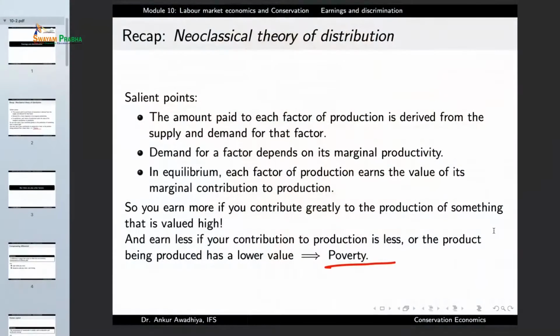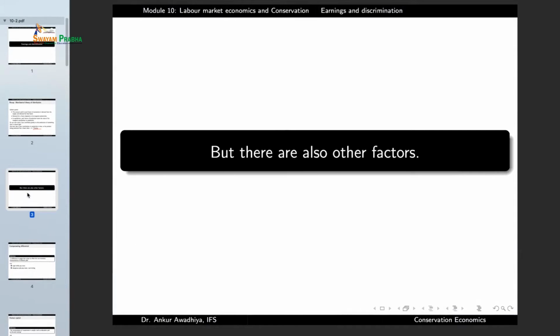And in that case, the forest will be indiscriminately cut, converted into agricultural fields. But still, because the forests are generally in those areas that do not have a very good fertility, the marginal productivity will still remain less. The people will still remain poor, but in this case, the forest will also be gone. Which is why it is important to understand why poverty arises in a society.